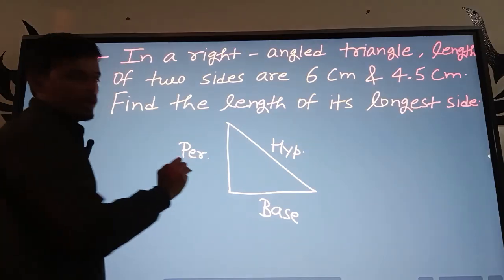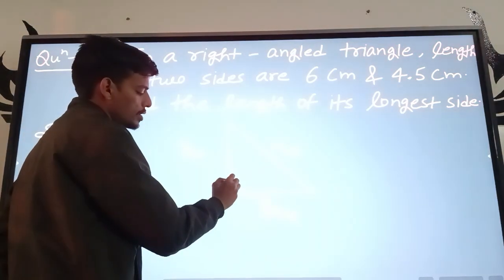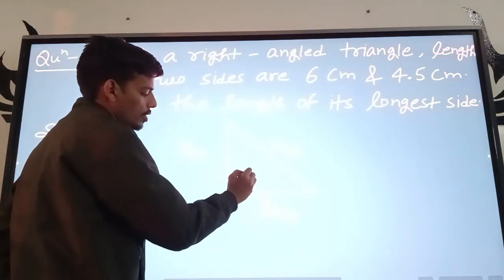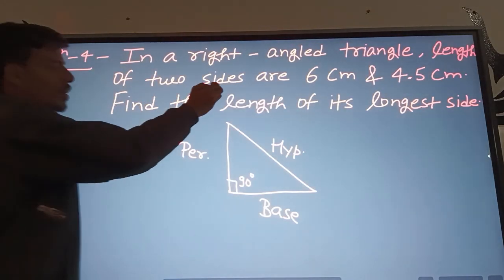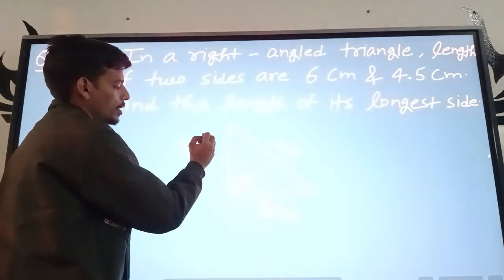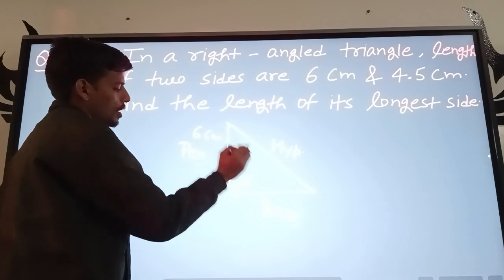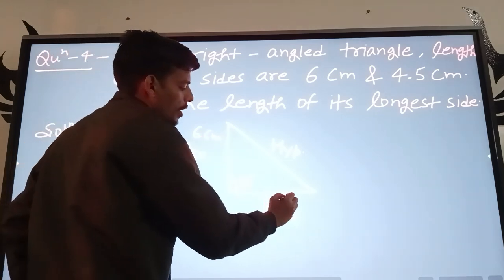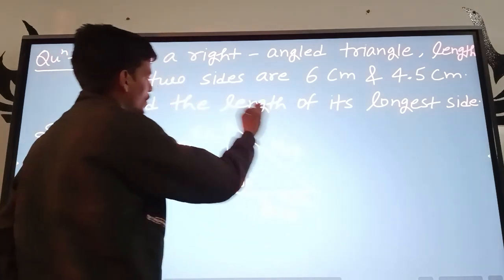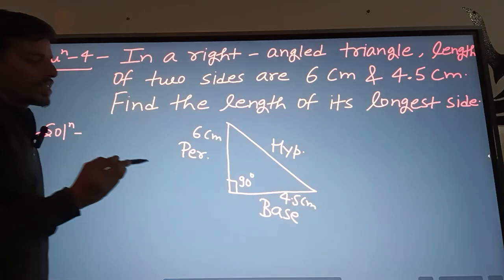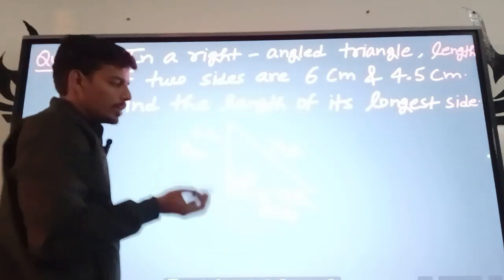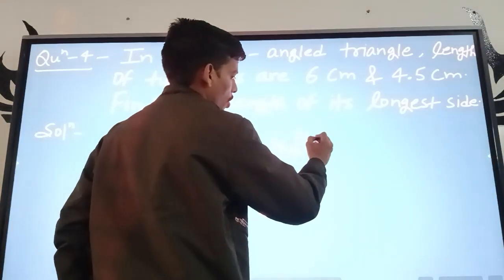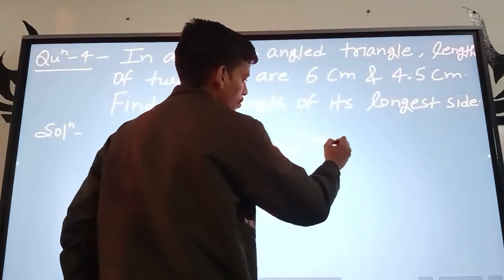The angle at the perpendicular and base is 90 degrees. The values of two sides are given: 6 cm and 4.5 cm. The hypotenuse is the longest side of a right angle triangle.